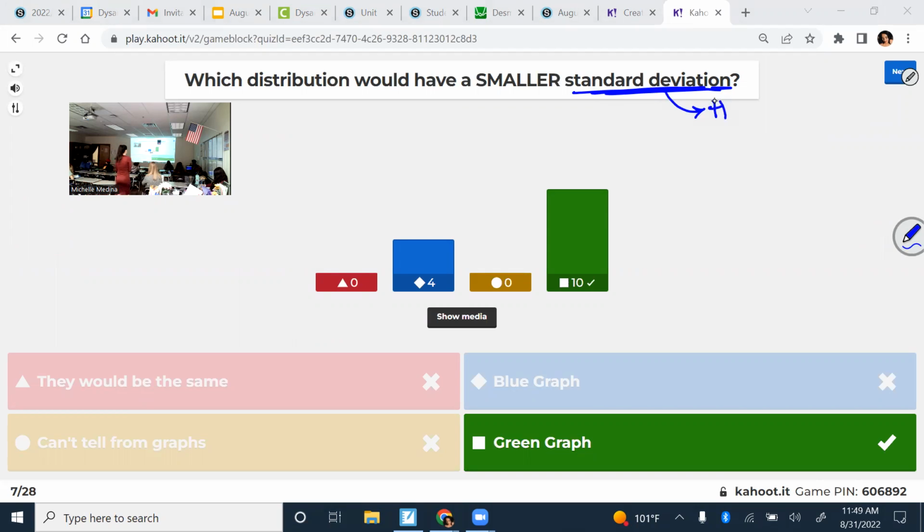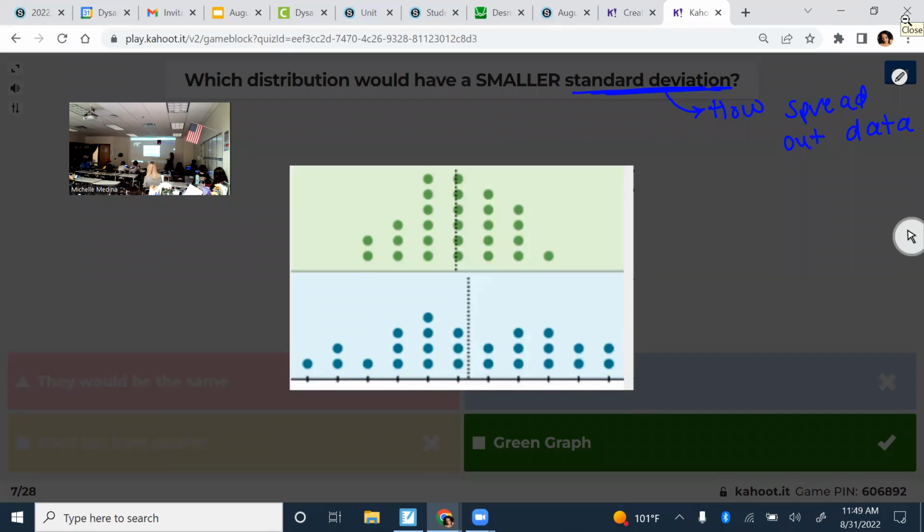How spread out your data is. So when it's asking which one would have a smaller standard deviation, we're talking about which one is a little bit less spread out. Why is the first one less spread out than the bottom one? It's clumped together, it takes up less space on the number line, whereas this one takes up more space and is more spread out.